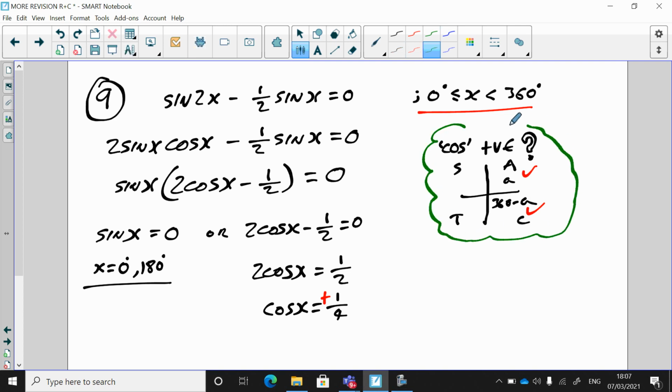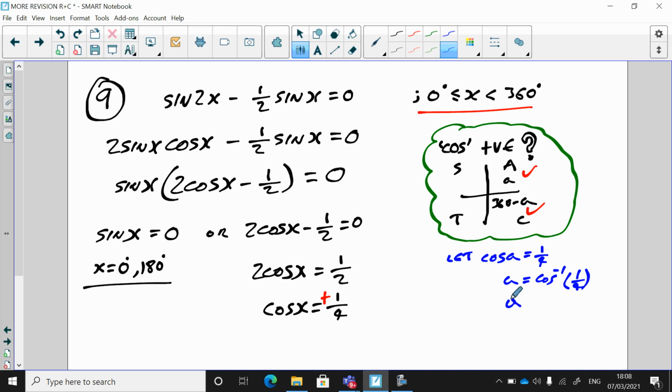Right, so where's this a coming from? Well, a is a calculator answer. So I'm going to let cos a equals a quarter. So that means a is inverse cosine, or you all say cos to the minus 1. Not you all, but some of you.